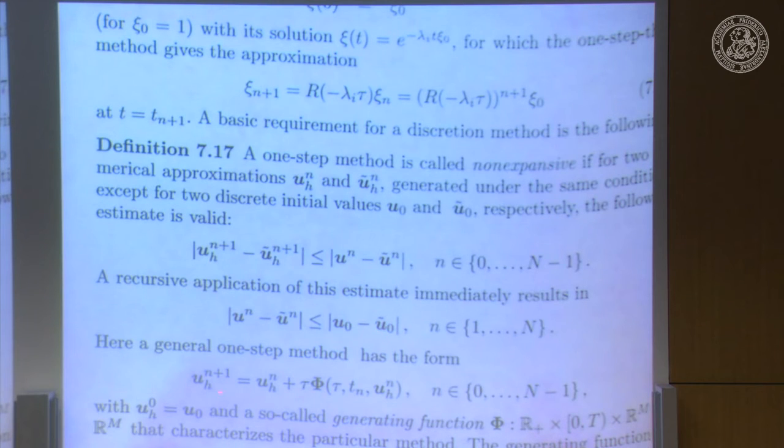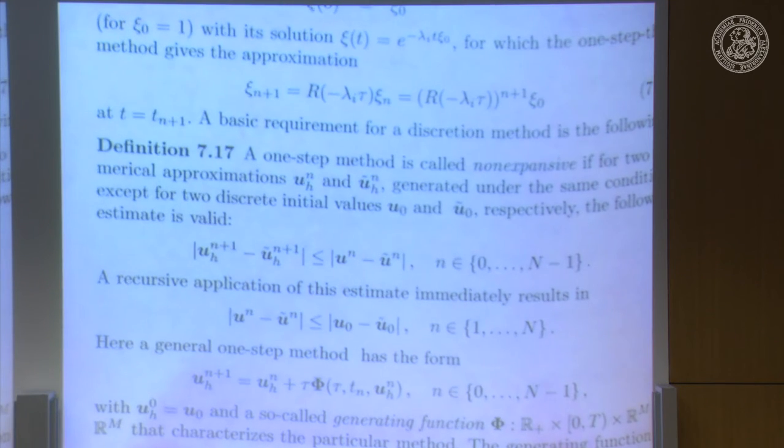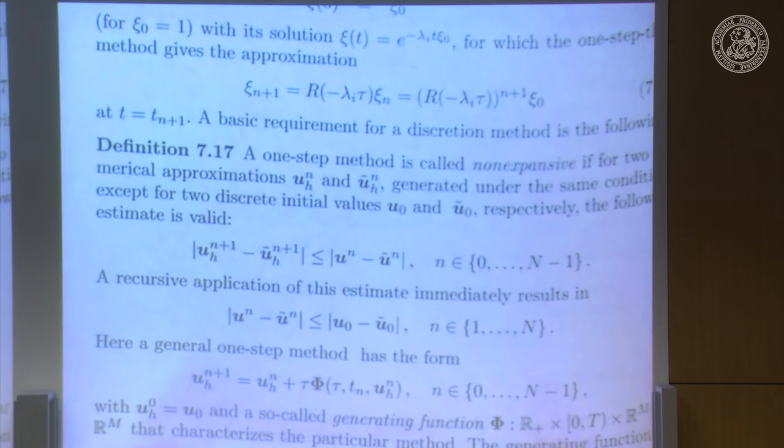If we write the one-step method in this general form, you see here again the resolved difference quotient. Bring this to the other side and divide by tau, and the theta comes now from this capital phi, for example from our different theta functions. There's the function r in the back. Then the requirement.